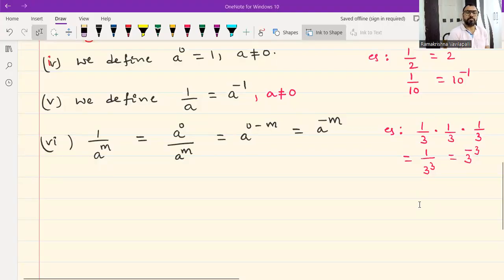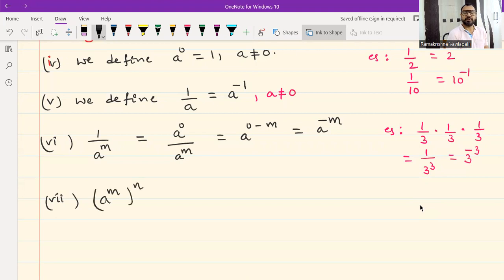The next one, very important one, is a to the power of m whole power n. This we write a to the power of, multiply the exponents, m into n. This is also written as a to the power of n power m.